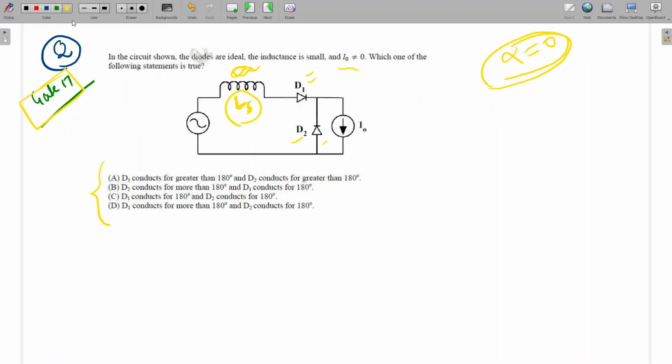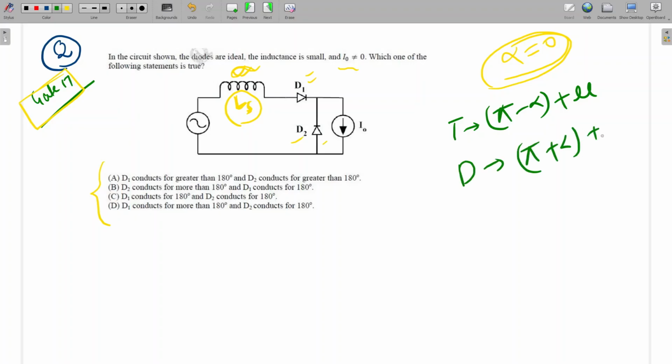See, so I'm going to draw the waveform. First, I will derive with respect to the formula. So what was the formula? The formula was pi minus alpha plus mu, and the D2 formula was pi plus alpha plus mu. So here, what is the value of alpha if this is the thyristor? 0. So let's say this is D1 and this is D2.